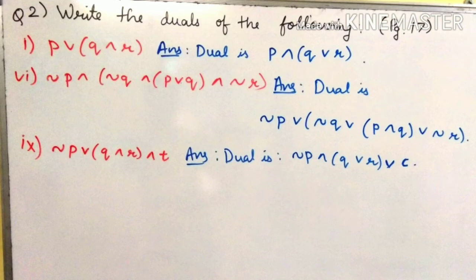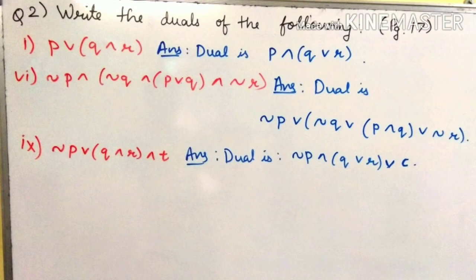The answer is P conjunction bracket Q disjunction R. The next example is example number 6. Now in dual, you do not change the negation sign. You have to only convert symbols of conjunction and disjunction and T as C or C as T.